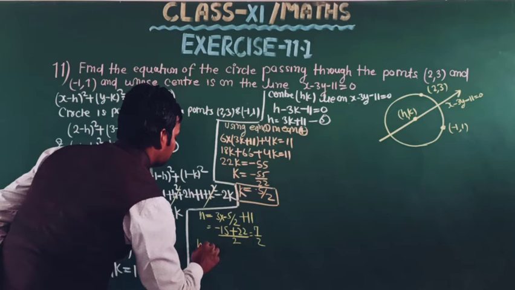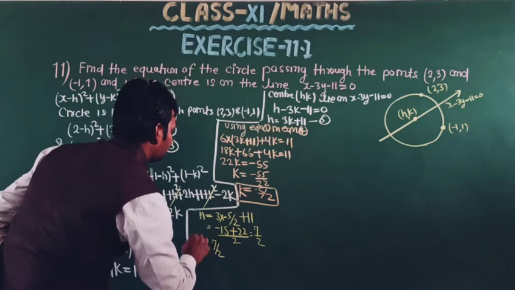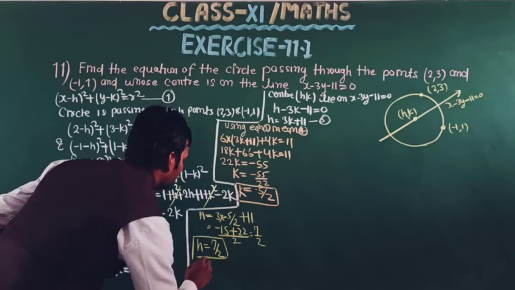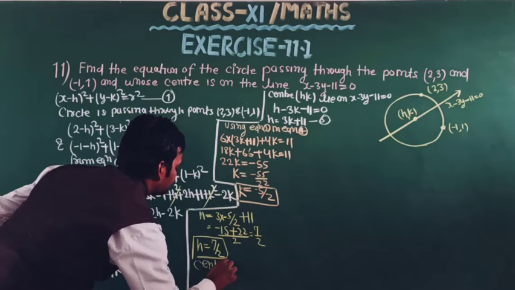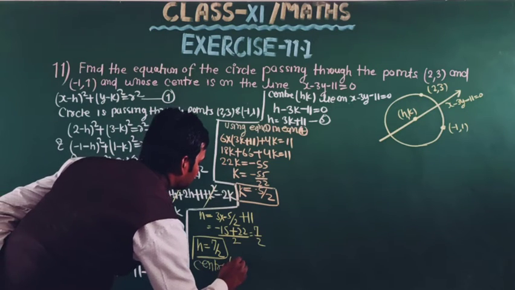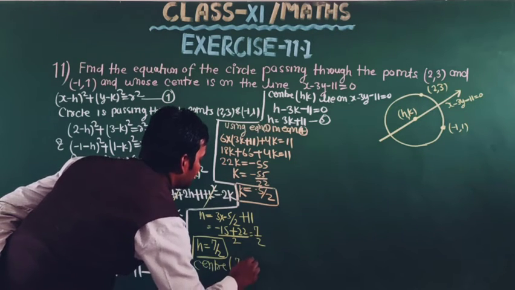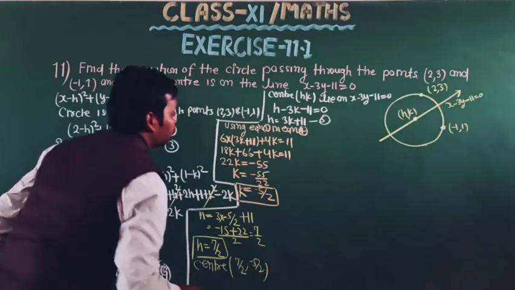So the value of h is 7 by 2. Therefore the center of the circle is 7 by 2 and minus 5 by 2.